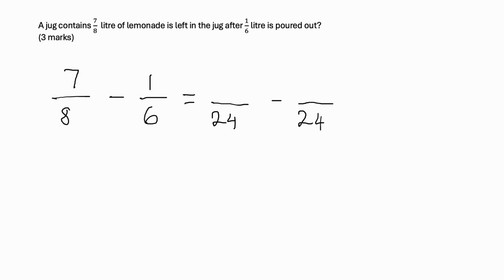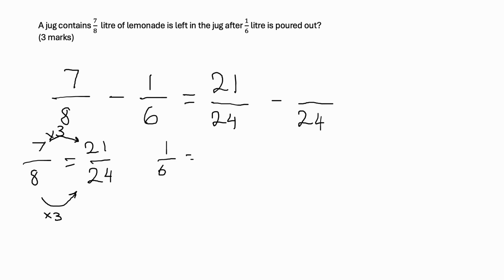So we need to convert these two fractions into over 24. So to get from 8 to 24, we have to times by 3. So we do the same thing to the top. Whatever you do to the bottom, you do to the top. So if we times the bottom by 3, we have to times the top by 3, which we get as 21.